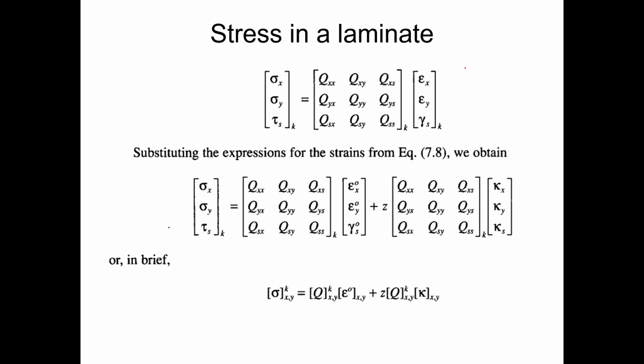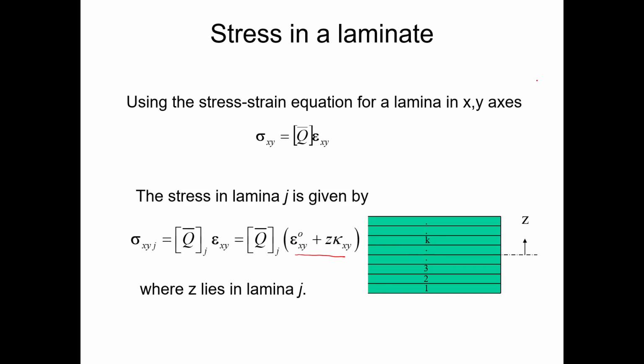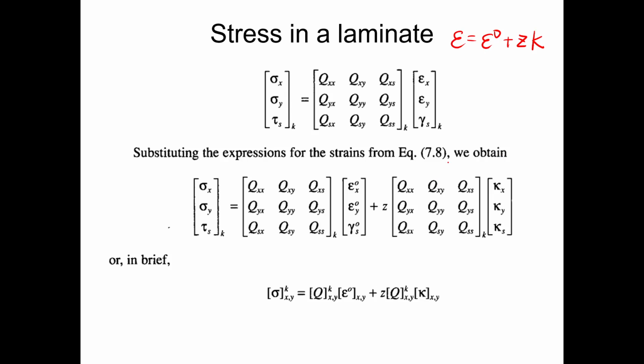We know the strain, as you can see, strain is equal to epsilon 0 plus z times the kappa, as we showed here, right? And we expand our matrix to this one, and as you can imagine, sigma xy k now is equal to the expanded form.